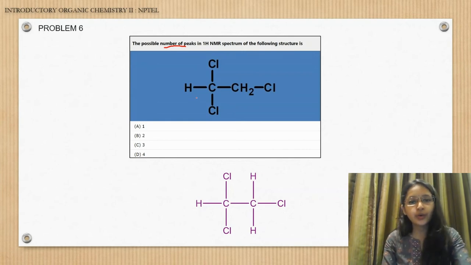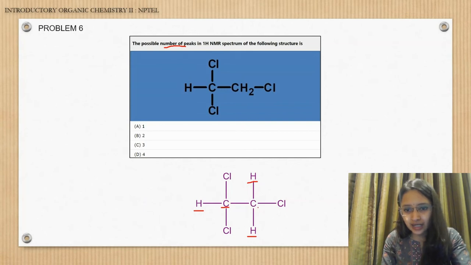Okay, so coming to the structure, now here we have two kinds of proton. One is this CH proton and one is these methylene protons. Now this hydrogen is surrounded by this carbon and two chlorine atoms, right? But in this case, these protons are surrounded by this carbon and one chlorine atom.